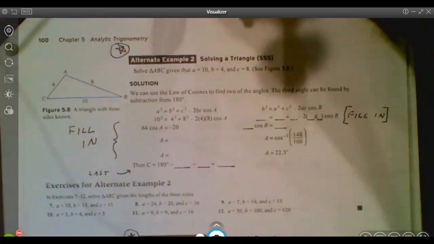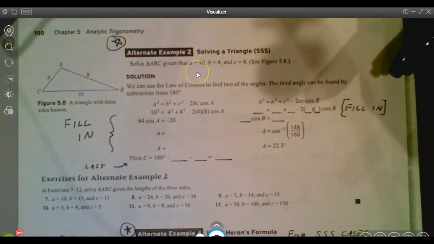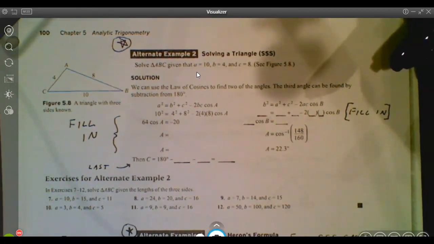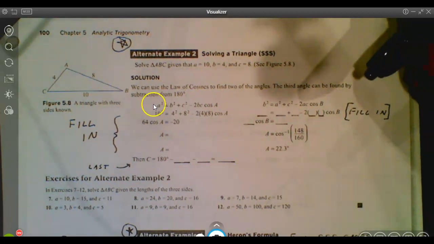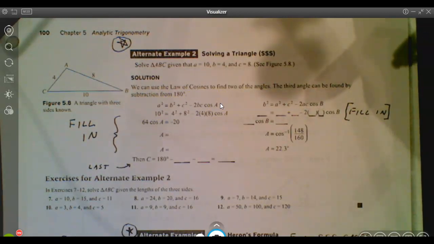All right, let me keep it moving for you. Here's a scenario where we now know 3 sides and no angles. Not a whole lot different. We're still just going to plug into our basic law of cosines formula. You'll notice I still can't use law of sines because I don't know one complete ratio.